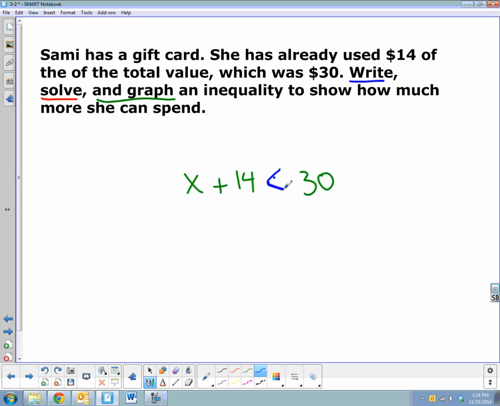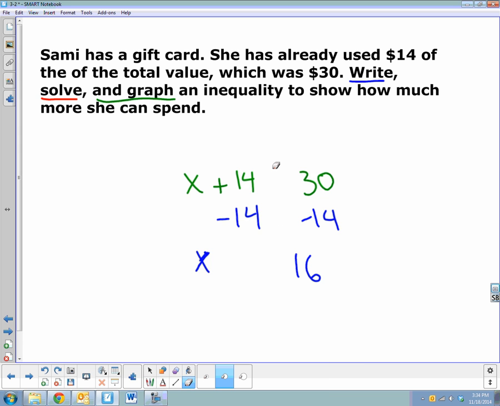If I solve this inequality, if I minus 14 from both sides, I'm going to get that x is less than 16. Can she spend less than $16? Yeah. If she spent $1, one more dollar, that would be okay. That would be less than $30. She couldn't spend more than $30.